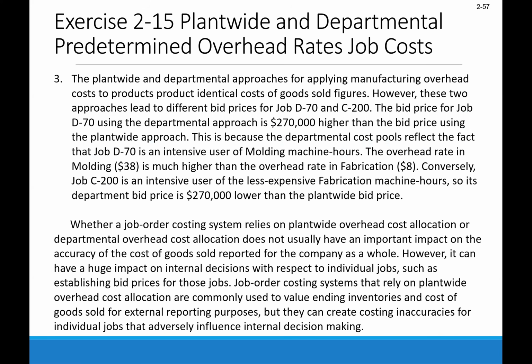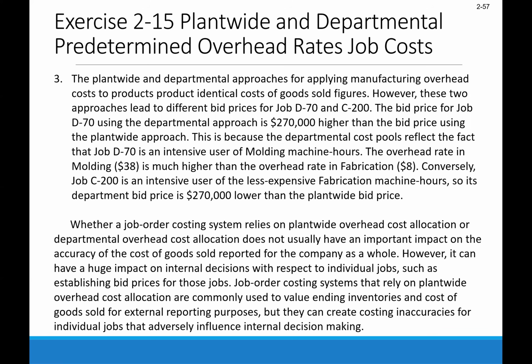Now, the plant-wide and departmental approaches for applying manufacturing overhead costs to products produce an identical cost of goods sold figure, but the two approaches lead to different bid prices for each job. The bid price for job D70 using the departmental approach is $270,000 higher than the bid price using the plant-wide approach.